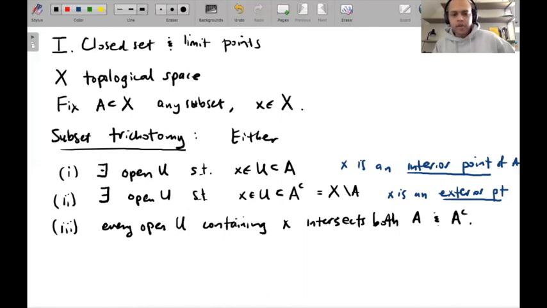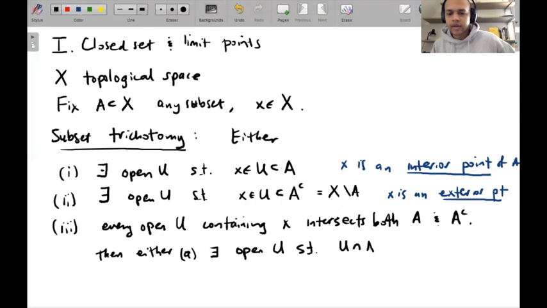If every open set containing X intersects both A and A complement, one of two things happens. Either there exists an open set U so that U intersect A is just the singleton X.